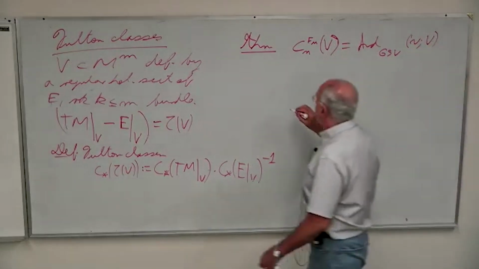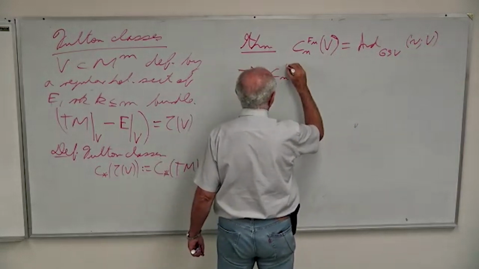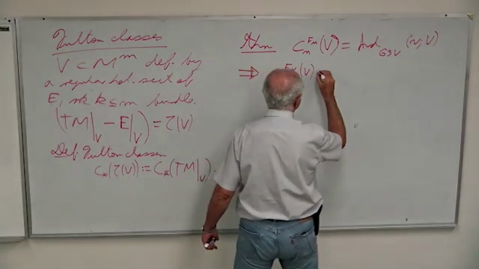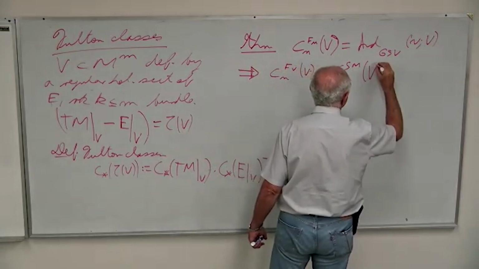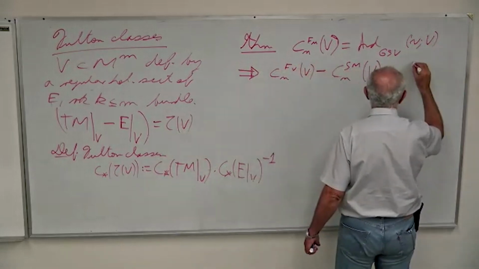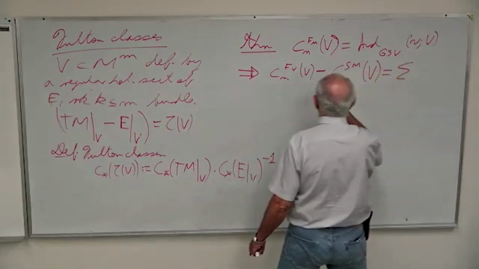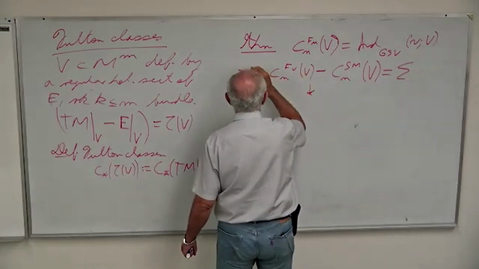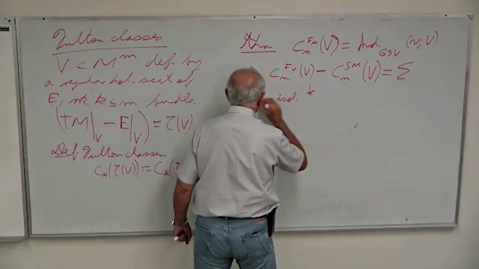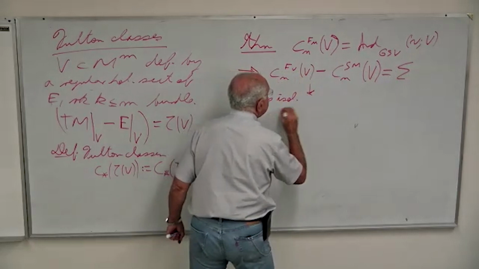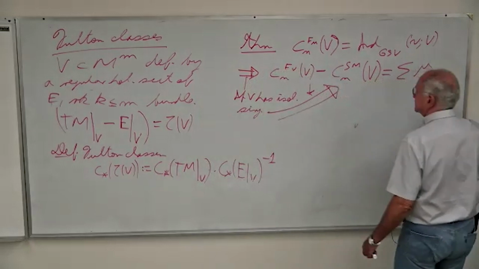And then this implies that the total Fulton-Johnson class minus the n-dimensional Schwarz-McPherson class, the difference is by definition, for what I said before, just the sum of the local, sorry, this is true in general, if V has isolated singularities, then this is the sum of the local Milnor numbers.